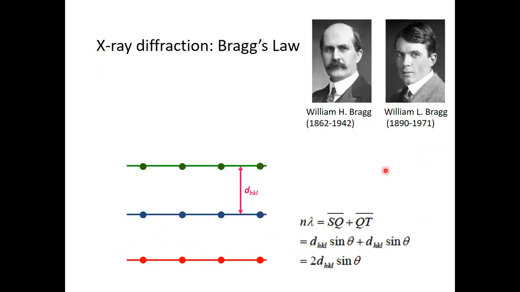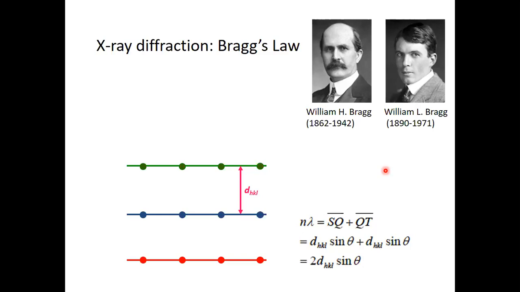Now, we need to go from a single atom to a crystal in which the atoms are periodically arranged. Now, in principle, we would have to consider the interference of the X-rays which are scattered at each atom.